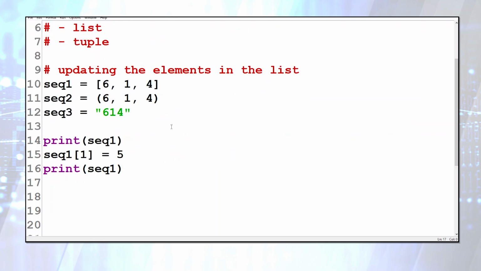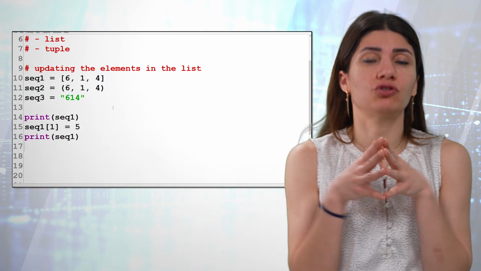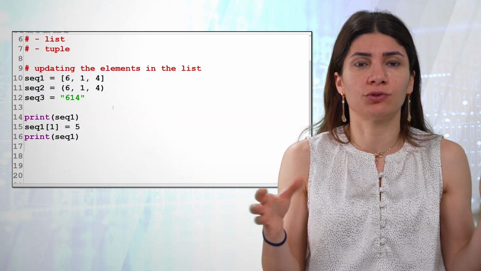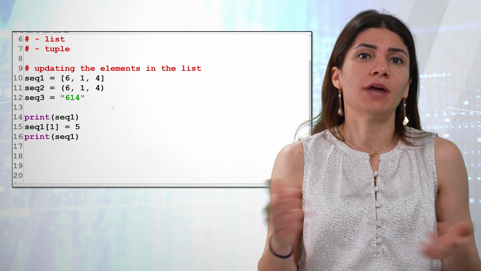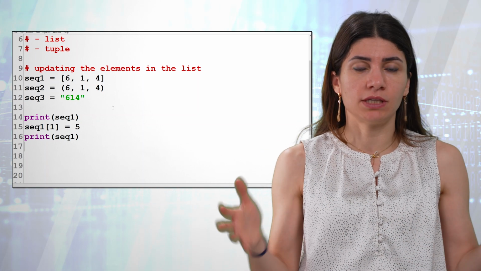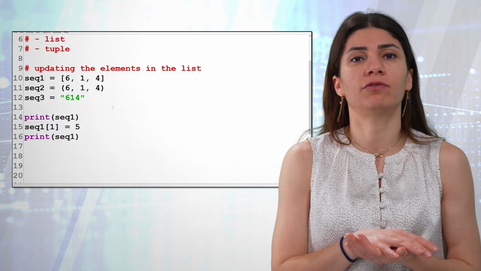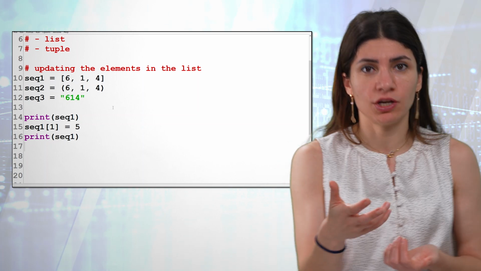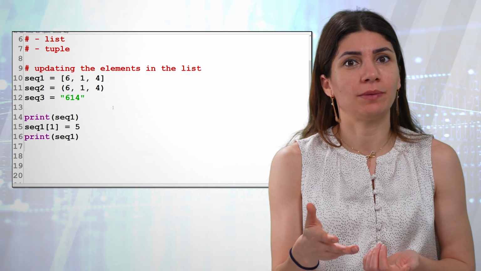For instance, there is some information that should not be changed, like social security numbers. It is safer that you store them inside a tuple. That way, no one accidentally changes them. So you keep them safe, you create them, you store all of the information, and you make sure no one changes them. Because if someone tries to change them, they are going to get an error message.